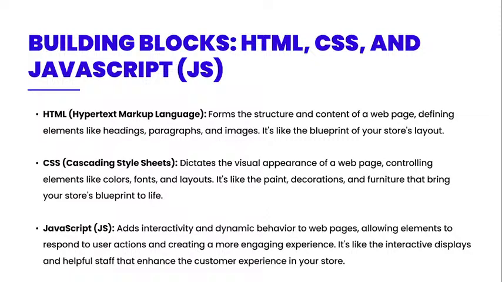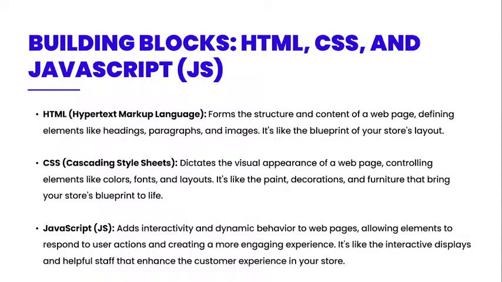Then we have building blocks: HTML, CSS and JavaScript. For understanding what HTML, CSS and JavaScript are, I want to tell you a story so that it's understandable what the use of HTML, CSS and JavaScript is and how it works. So once upon a time, there was a builder named HTML.